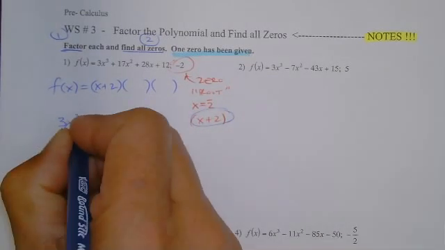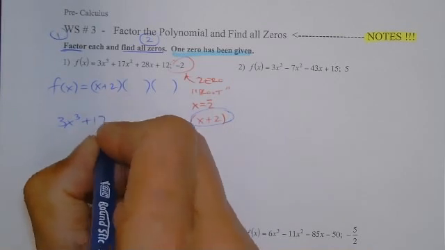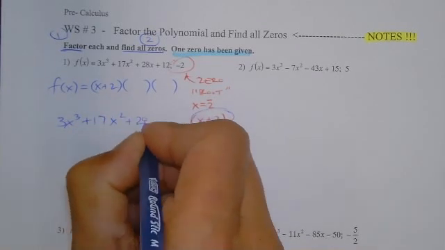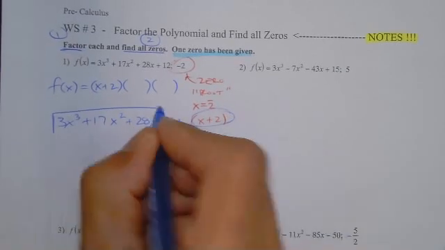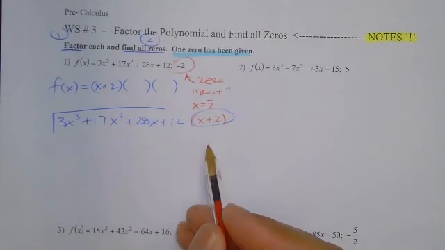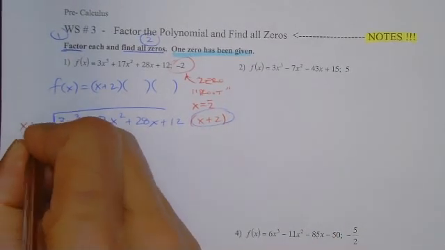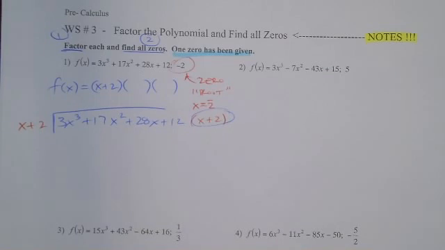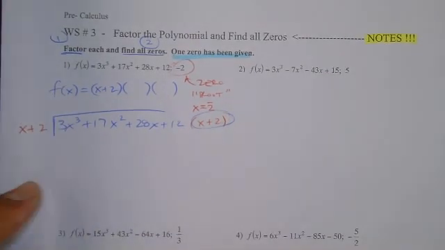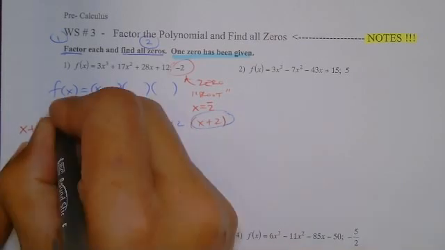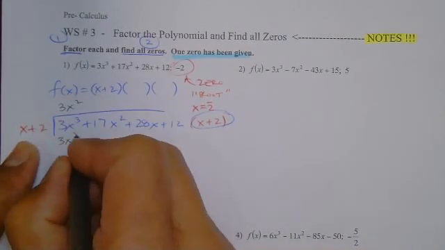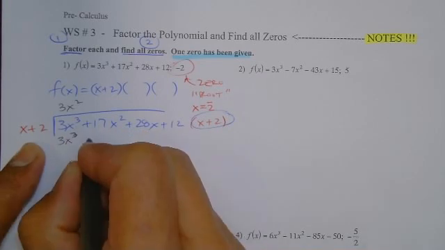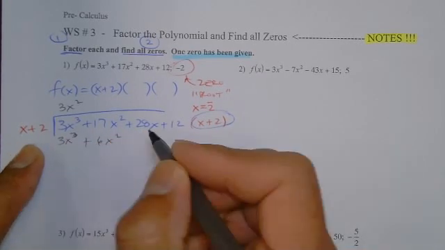So divide the 3x cubed plus 17x squared plus 28x plus 12 by the x plus 2, the given zero. And when you do this long division, which I'm just going to do real quickly, you'll get 3x squared, 3x cubed plus 6x squared.